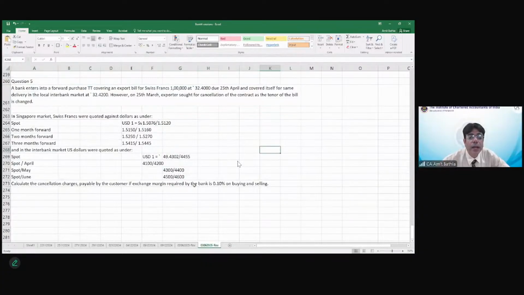Now we have the entire question available on the screen. Question number 5, which we have shared in the revision question list in the assignments.